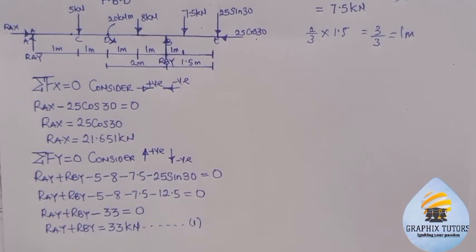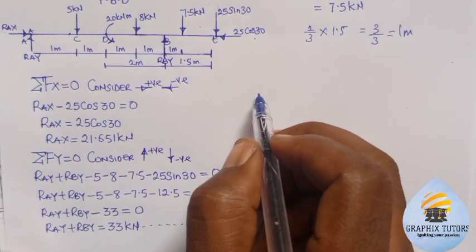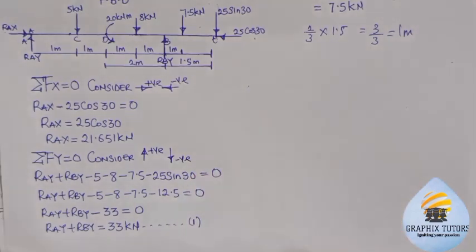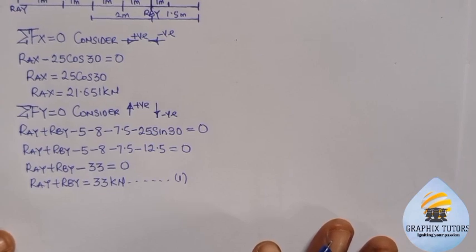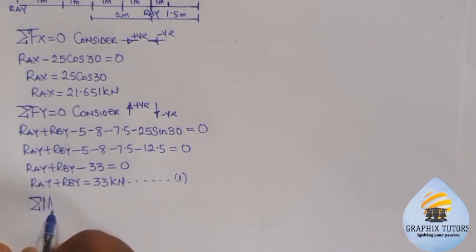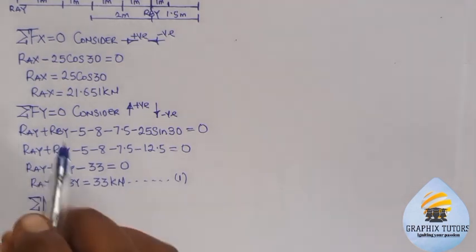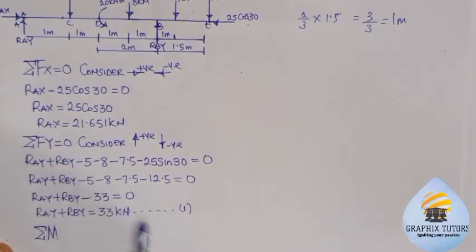Now we'll move forward. The next thing will be to take moments. If I take moment about any point of my choice, let's say moment about point A, the summation of moment about A equals 0.